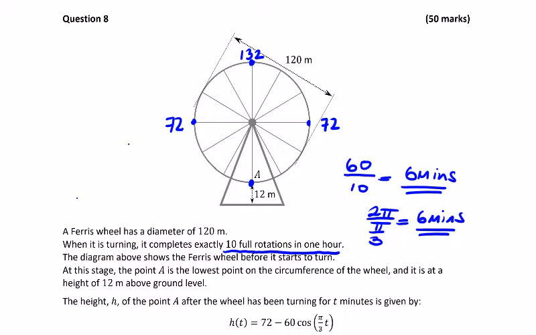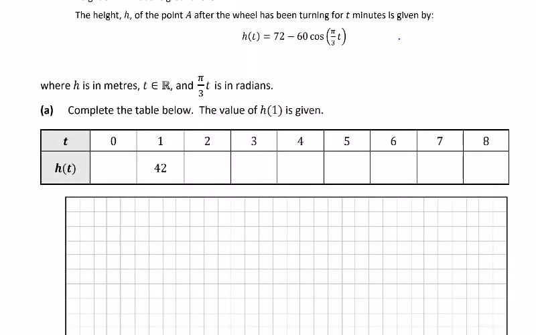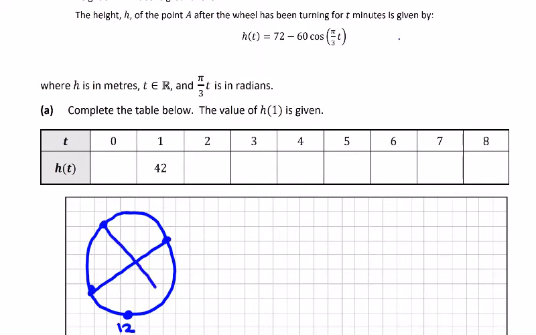So let's fill in the table in part A. Here's our table to fill in. I'm just going to do a little sketch first before we draw this cosine curve. Here we have 12. If it rotates in 6 minutes, we're going to have 6 equal sectors. Each of them will be 60 degrees due to the circle. Across the middle will be 180.